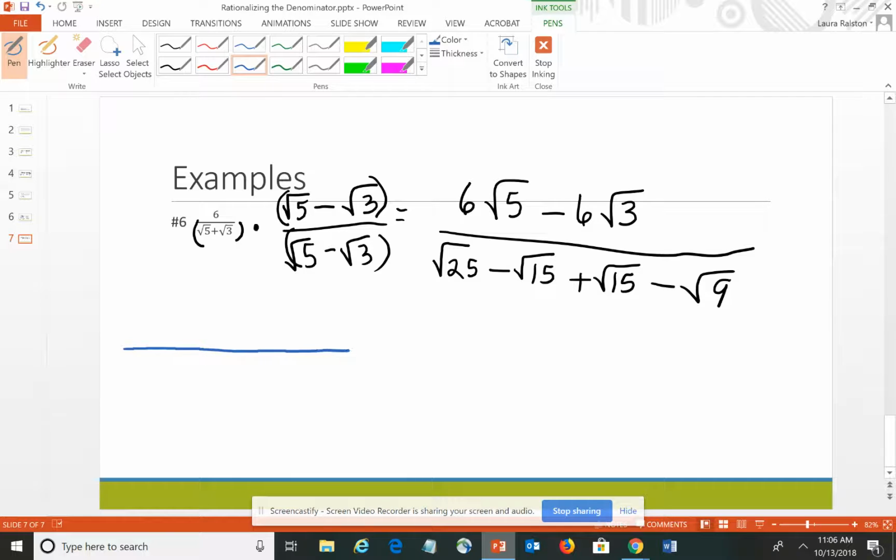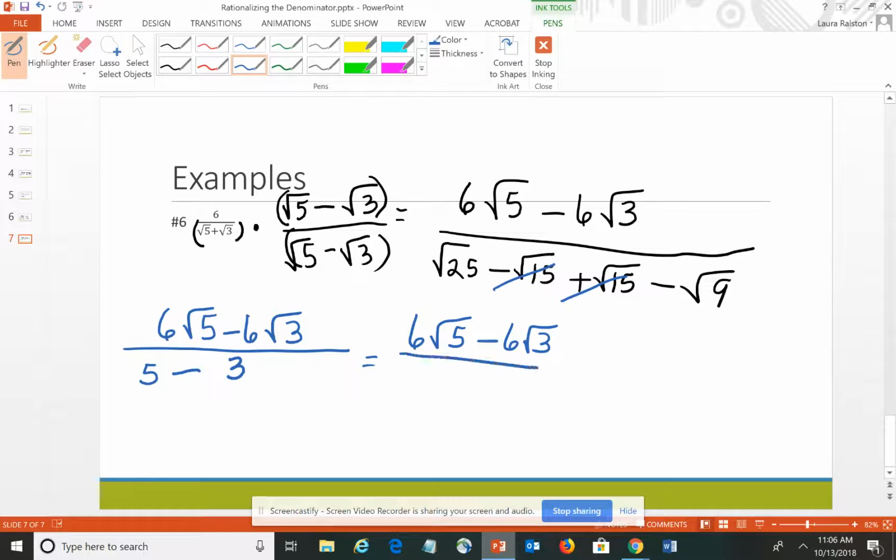So I have 6 square root of 5 minus 6 square root 3. Square root of 25 is 5. Minus square root 15 plus square root 15 is 0. Minus square root of 9 is 3. So if I simplify that, I have 6 square root of 5 minus 6 square root of 3, all divided by 2.